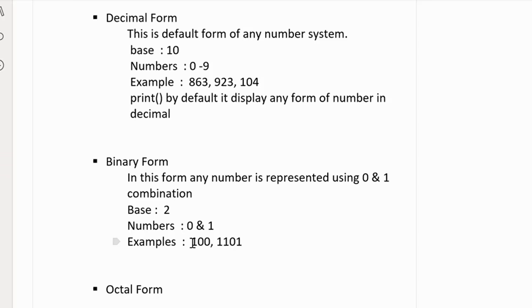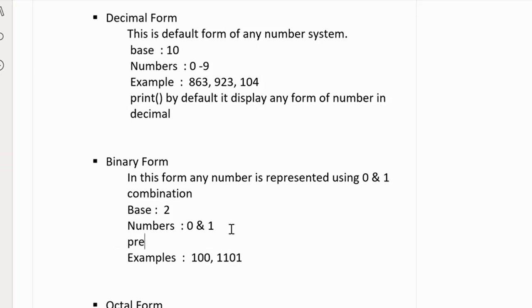What is that prefix? 0B, that is 0 and capital B, either can be used. The prefix we use to represent the binary format is 0B, this is zero, guys, not the letter O. This is the one we are going to use, so now we will give examples with 0b or 0 capital B.